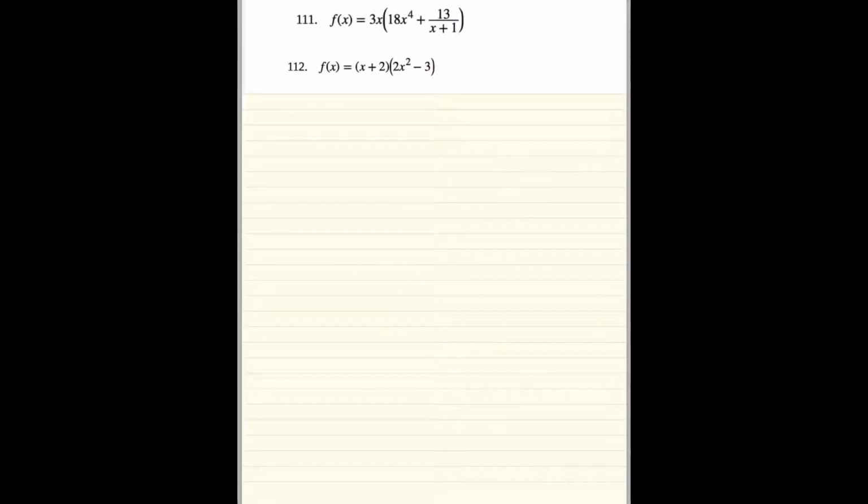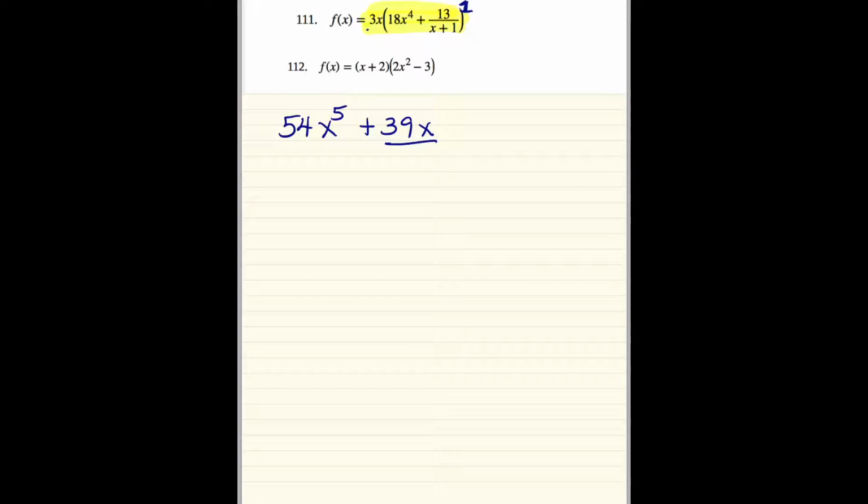Continuing with the problems, now we see that this looks like a product. But because this guy in the parentheses is raised to the first power, I'm going to distribute and then take the derivative. So 3 times 18 is going to be 54. x times x to the fourth is x to the fifth. 3x times 13 is 39x.